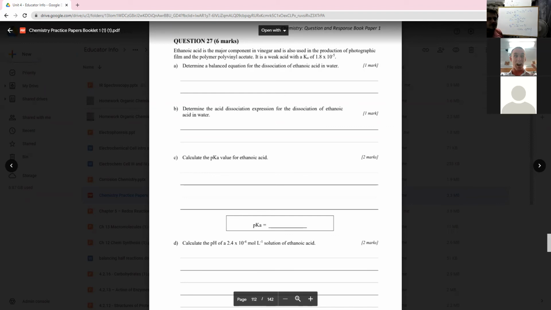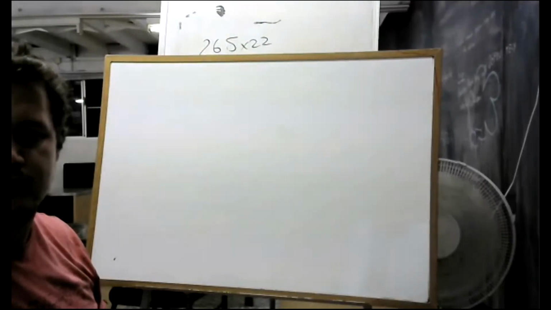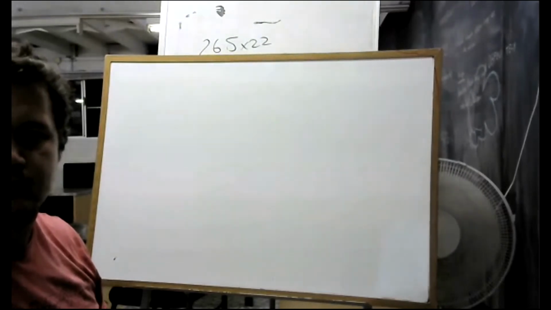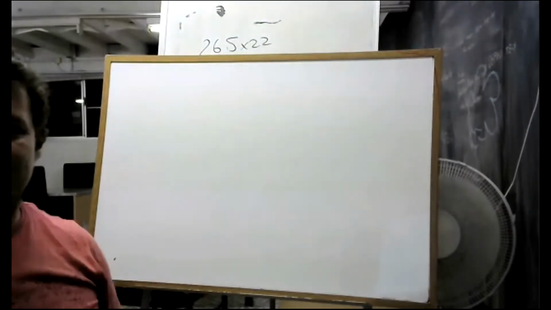All right. So we did this one at the beginning. We're talking about acetic acid, which is just ethanoic acid. So I'm not going to go through the answer to that one again because we've already done it. Actually, no, I will write it up because I think the sequencing is important. So balanced chemical equation for dissociation of water.